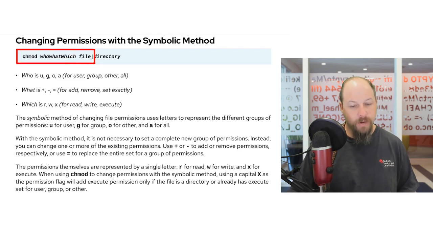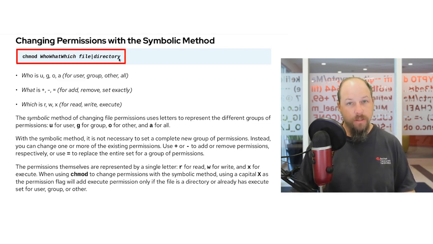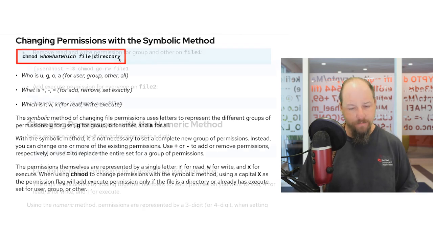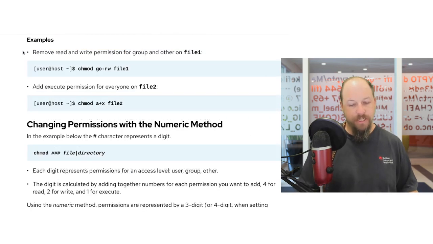We would start with the chmod command, name what we wish to alter in the permission form using the syntax who, what, and which. Who corresponding to the user, group, other, or all. What corresponding to adding, removing, or exactly setting the permissions, which are R, W, and X, read, write, and execute. In that fashion, we can begin to form permission statements that look something like the following.